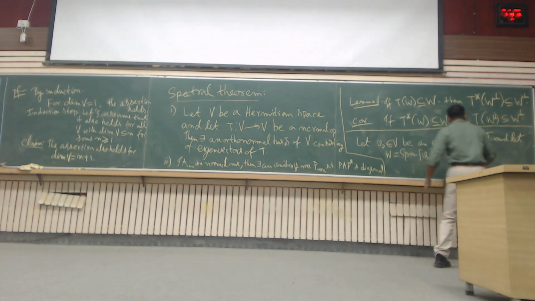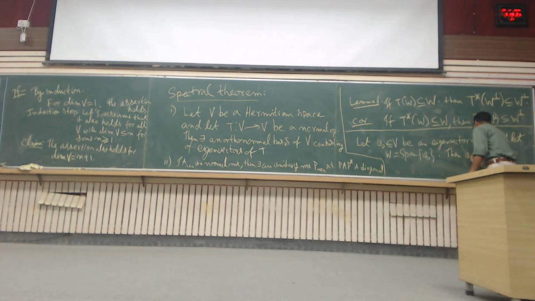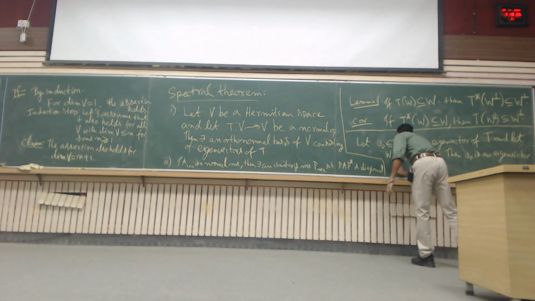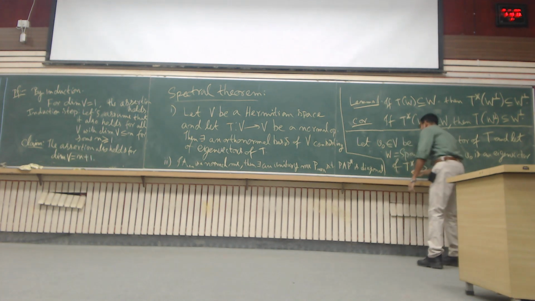So then V0 is an eigenvector of T star, and what does this imply?